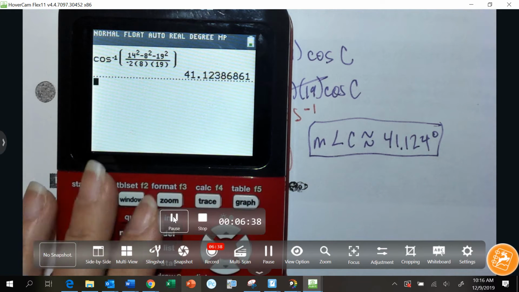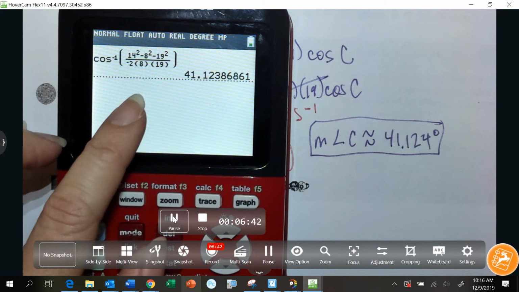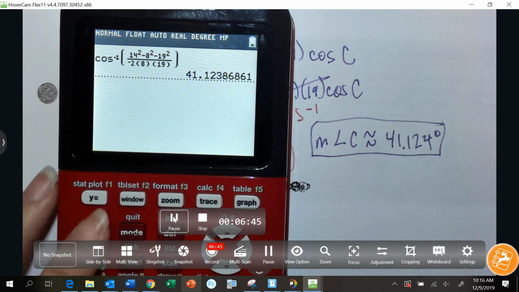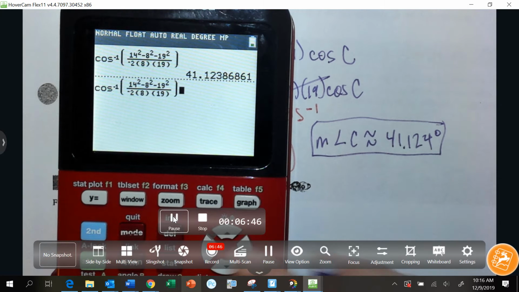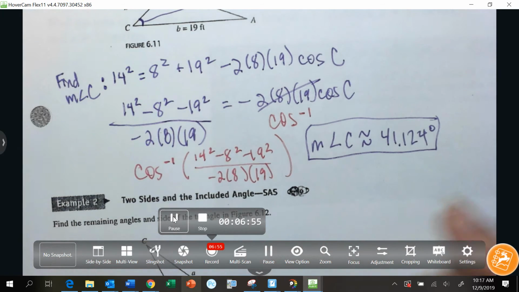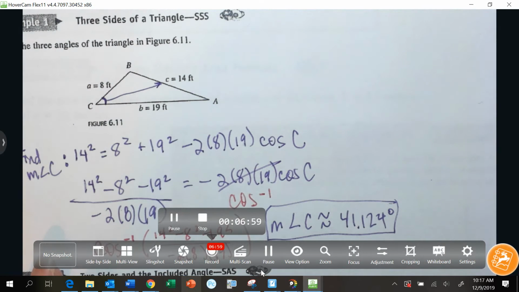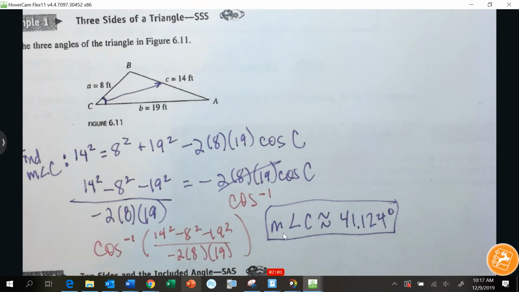Here's another thing that I really like about this calculator, because I'm going to do the second one and we're going to have to basically do it the same way, just move some numbers around. So when I copy that question again, I can just change the numbers that I need to move around. So which angle should we find next? Any ideas? Or suggestions, I should say. B? Should find angle B? Sounds good to me.